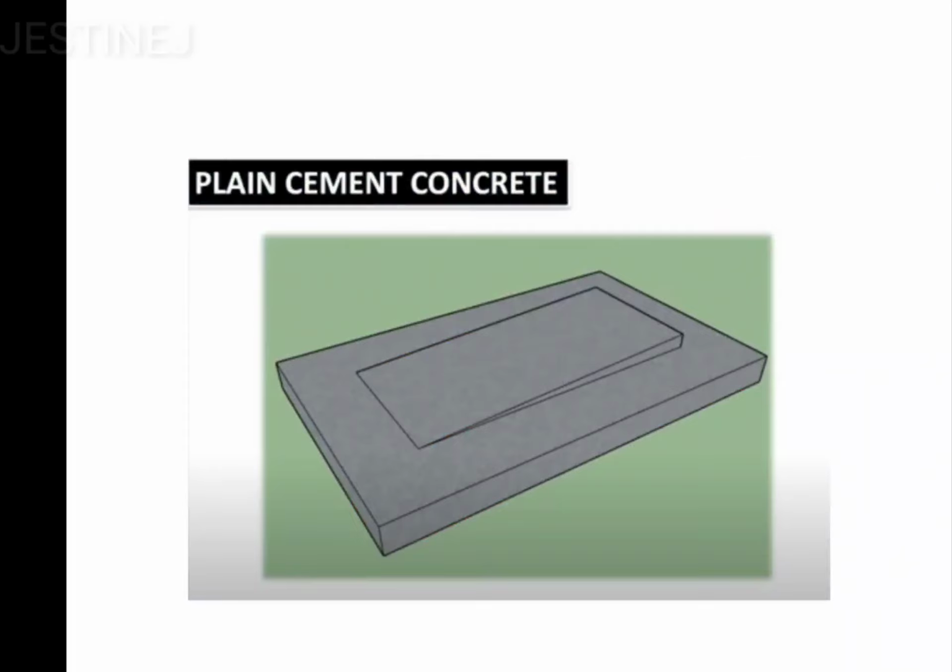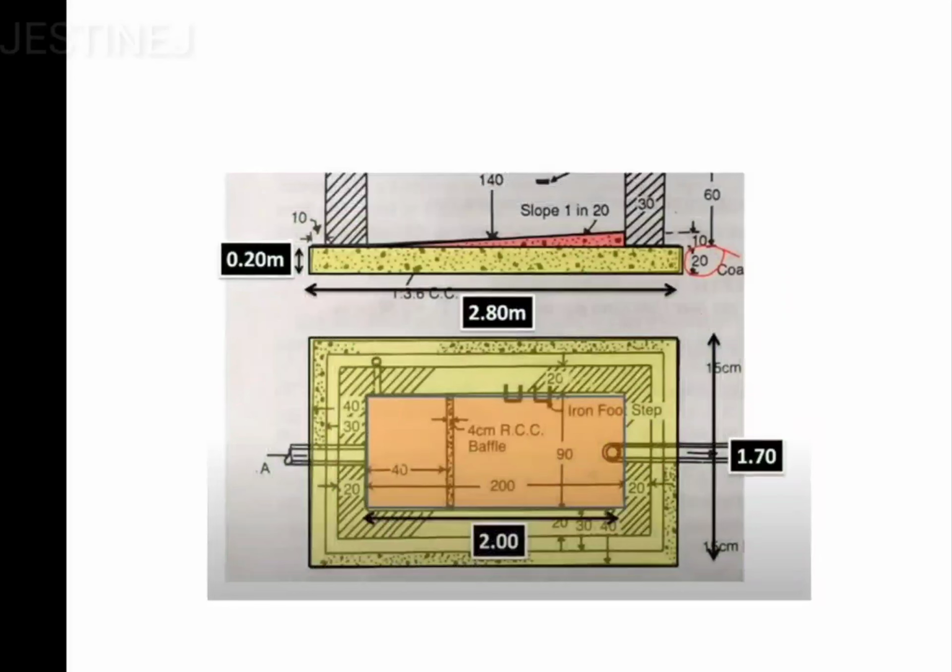Okay. Now moving on to the slab portion or the plain cement concrete portion, how to calculate. So if you observe here, you can clearly see that the total length of the slab is going to be 2.8 meter. Okay, that is 200 plus this 40 to both the sides, so you will get 2.8.